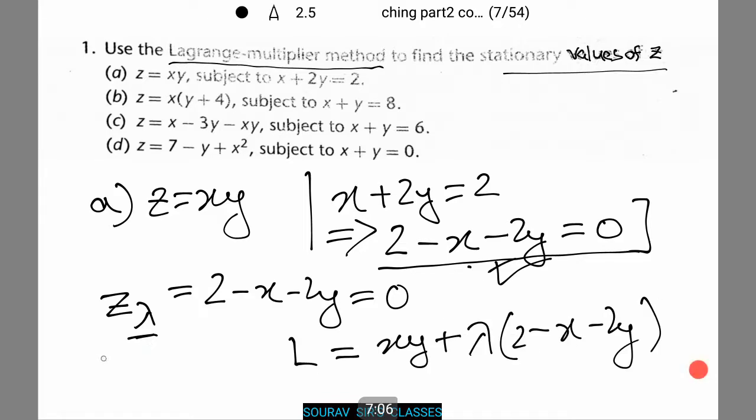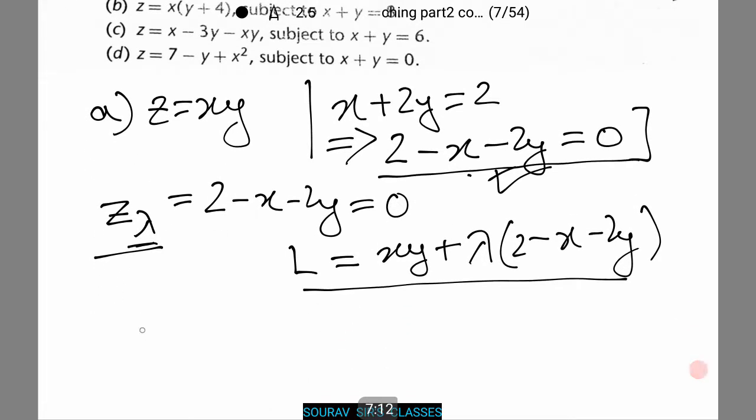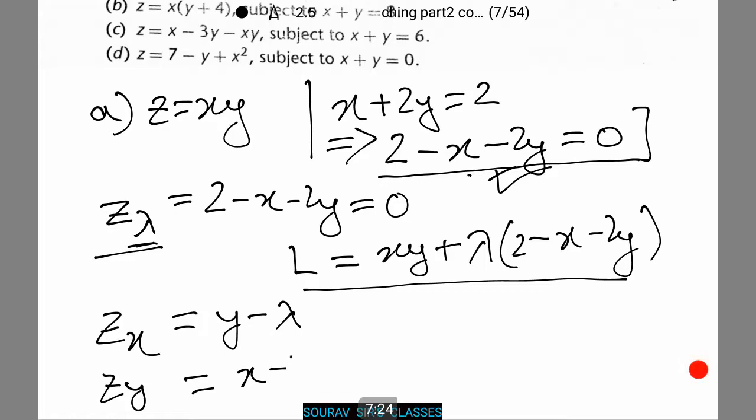Now we obtain z lambda by differentiating this whole Lagrange function with respect to lambda. Similarly, we'll do it for zx and zy. Let's see what zx comes to. Zx equals y minus lambda and zy equals x minus 2 lambda, equating to 0.